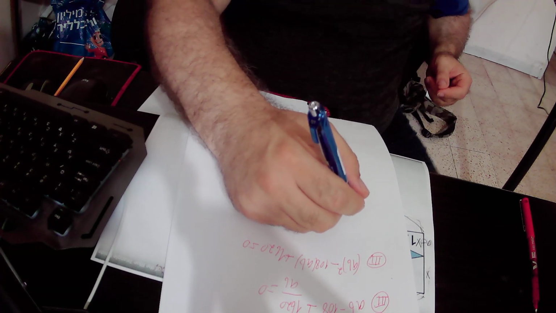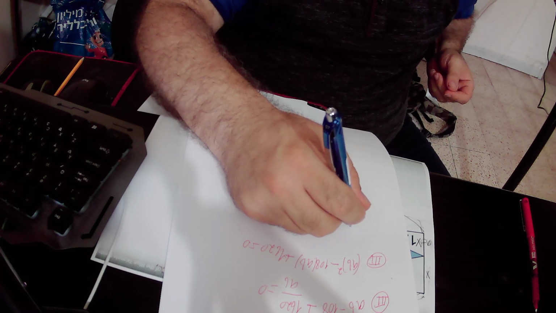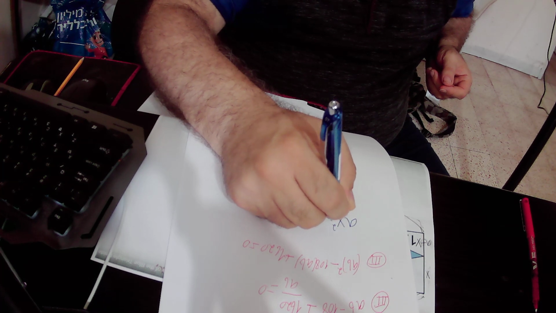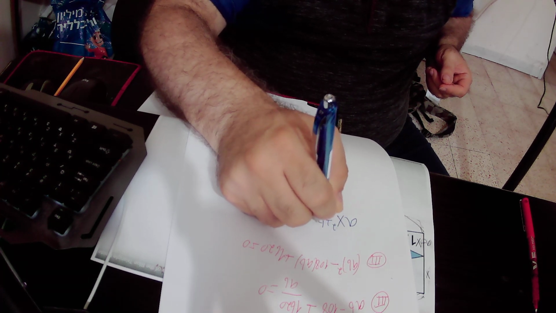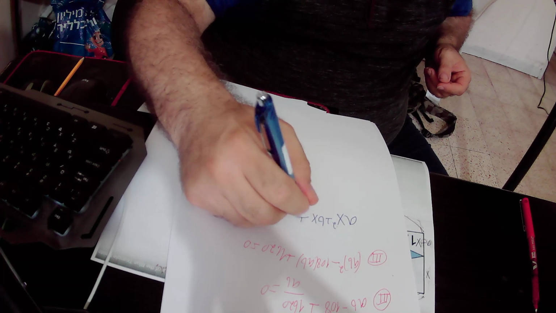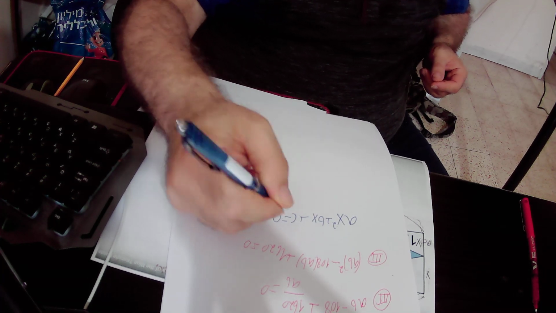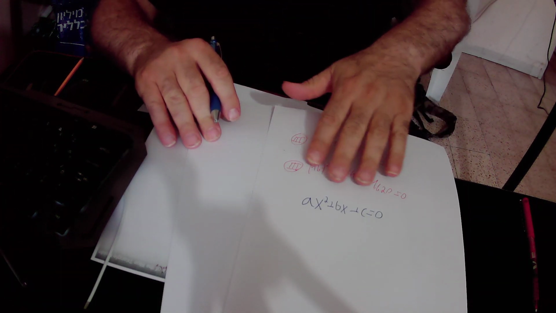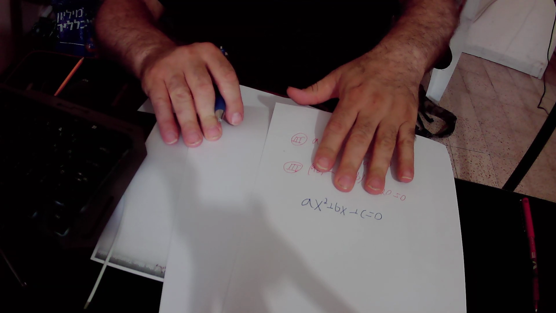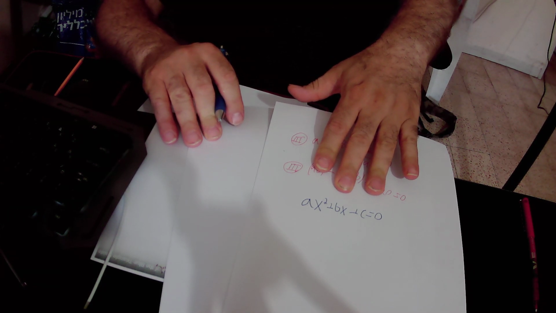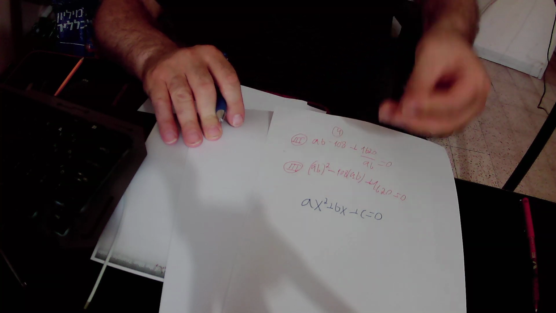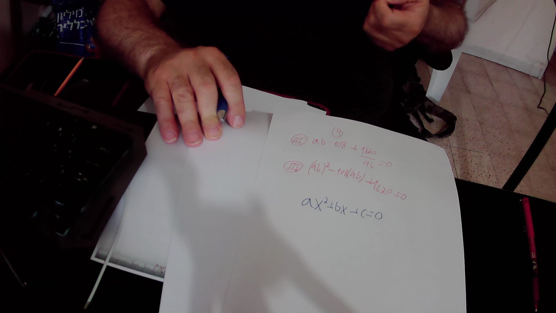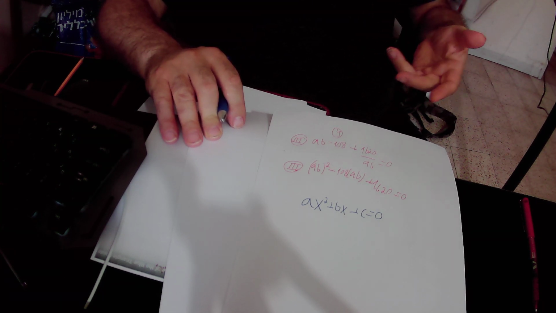If you have a general quadratic equation, it will be something like ax squared plus bx plus c equals 0.